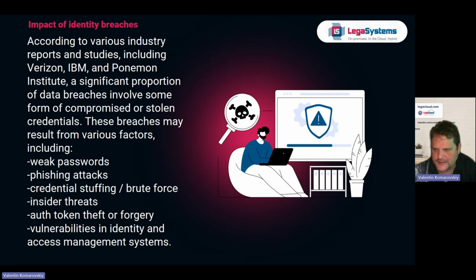That information always leaks out, and it's mostly due to factors like weak passwords, phishing attacks, brute force attacks on credentials or credential stuffing, insider threats, authentication token theft, or some vulnerability in the identity or access management system. So this is the source of the breaches. This is how breaches happen.